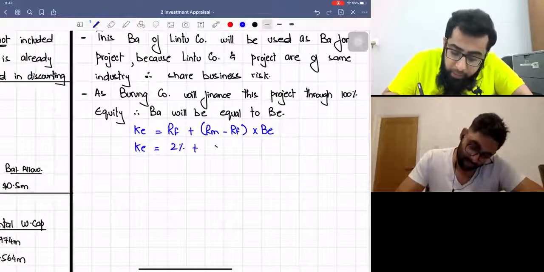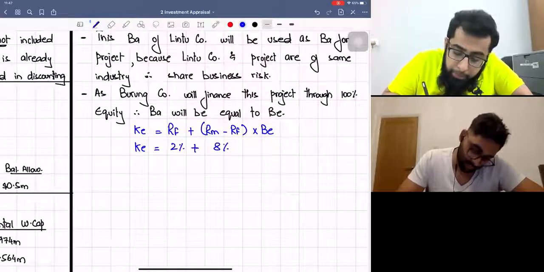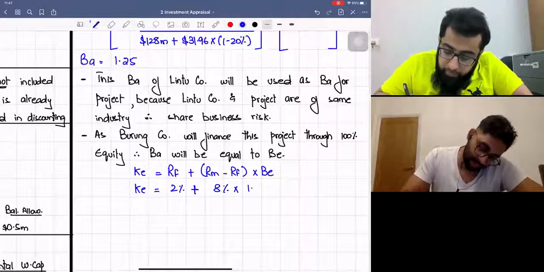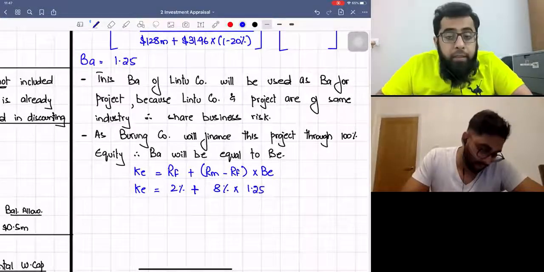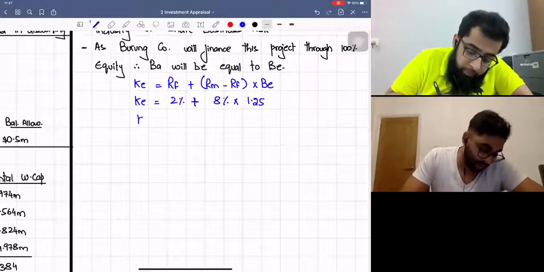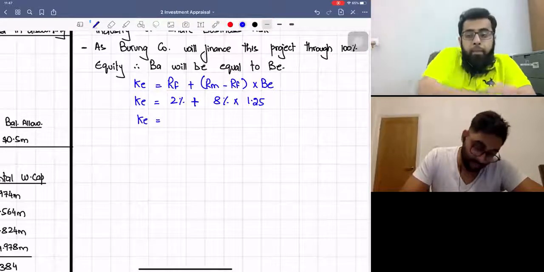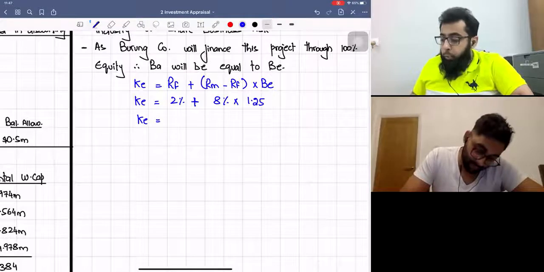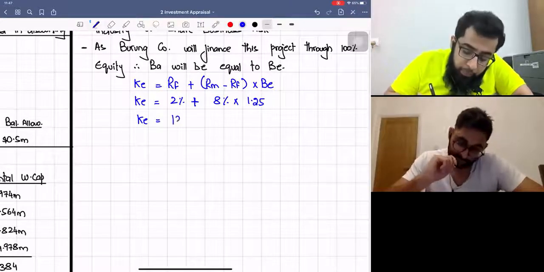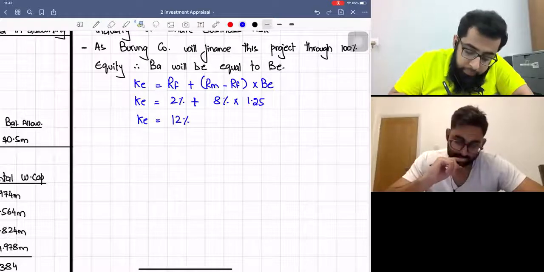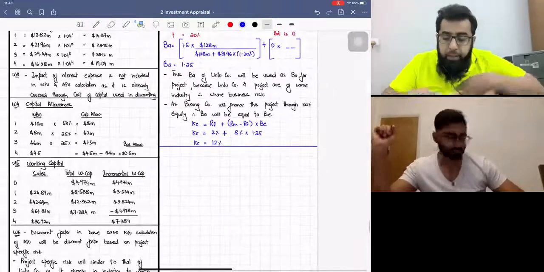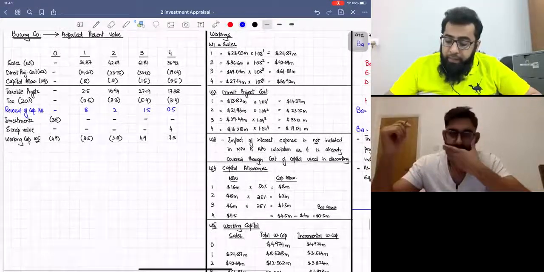Premium means RM minus RF. The market risk premium of 8% is basically RM minus RF. So 8 into 1.25 plus 2. So the rate is 12%. Now this is our discount factor for base case NPV.